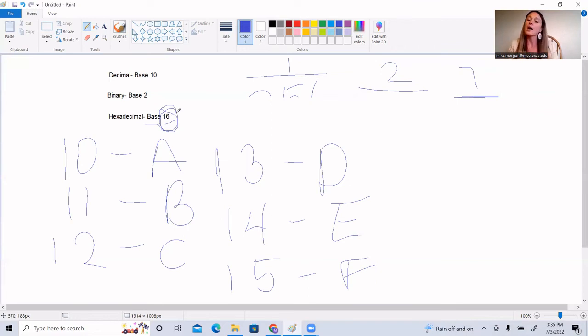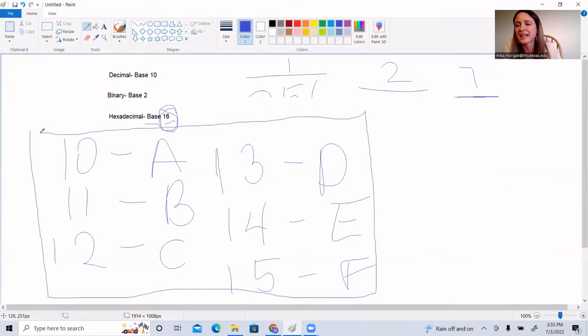So a couple of things to be mindful of when you're dealing in hexadecimal. And a big one is going to be this right here. I would recommend you write this down in your notes, and put that somewhere handy to keep track of, because that's something that you will see and you will need to know and be able to use.